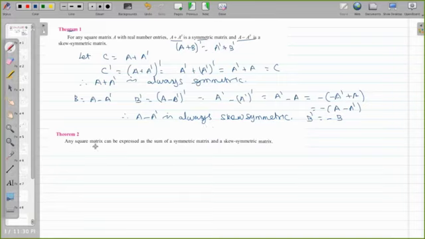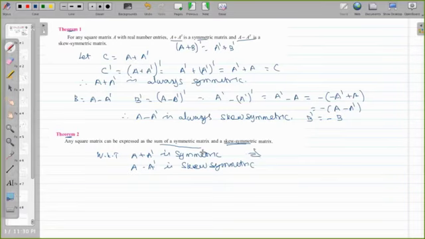Okay, children? Now here see the next theorem. Any square matrix can be expressed as the sum of the symmetric and the skew symmetric. Sum of the symmetric and the skew symmetric. See, children, we know what is the symmetric and what is the skew symmetric. We know that A plus A dash is symmetric. A minus A dash is skew symmetric.